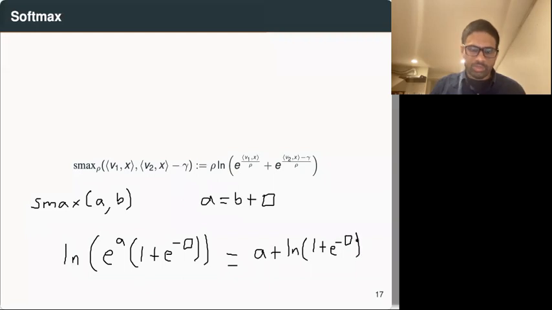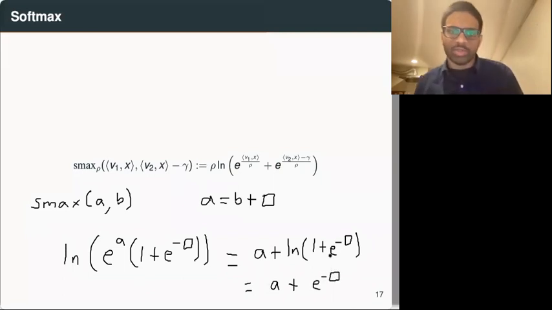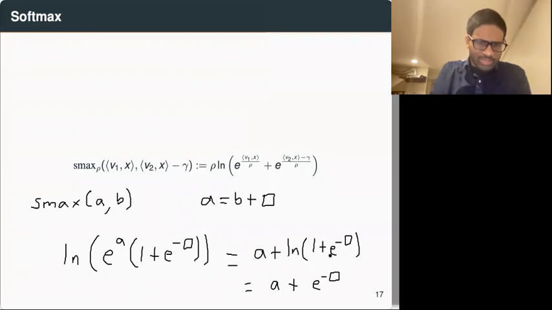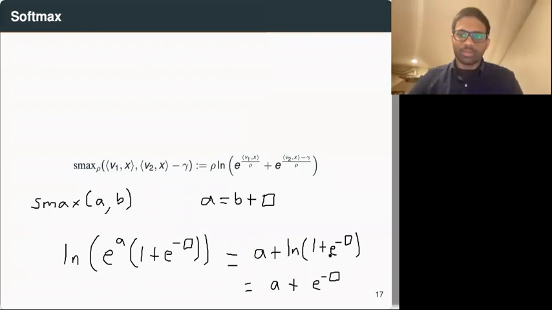And assuming that box is large enough, this is going to look like A plus just e to the minus box. In fact, this is a good approximation anytime, I think. So the softmax is computing pretty much just the maximum, plus this exponentially small constant seeps in.